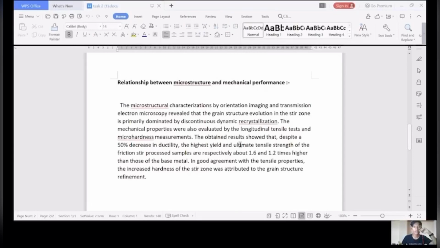The obtained results show that despite a 50% decrease in ductility, the highest yield and ultimate tensile strength of the stir processed samples are respectively about 1.6 and 1.2 times higher than those of the base metal. In good agreement with the tensile properties, the increased hardness of the stir zone was attributed to the grain structure refinement.